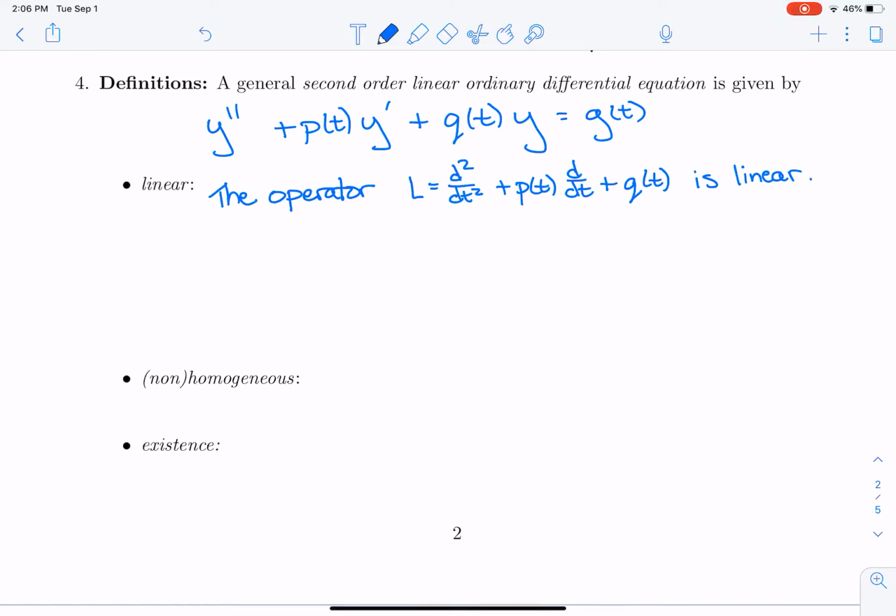So what is being done to the left-hand side of the equation is a linear operation.